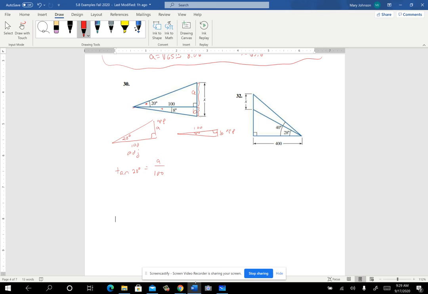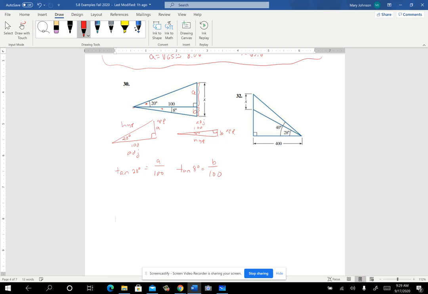The 100 is adjacent to the 8. See, this would be the hypotenuse down here, and this would be the hypotenuse over here. So again, I think tangent makes sense. Tangent is opposite over adjacent, so that would be the tangent of 8 degrees equals B over 100.